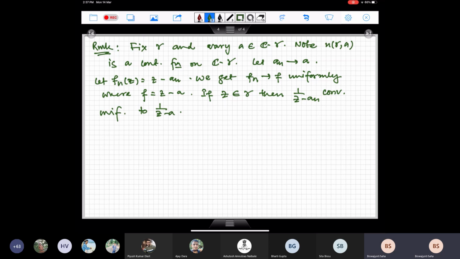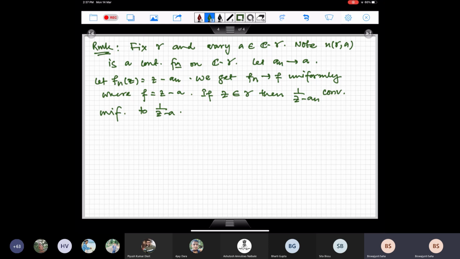So this is what we have, because of course here I am taking a sequence a_n converging to a, and a is something which is not on gamma. Gamma is anyway a closed curve, so it's a closed set, and a is a separate point which is not in gamma. So of course there will be an open ball around a which will not intersect gamma, and in that open ball, since the a_n are converging to a, all but finitely many a_n will belong.